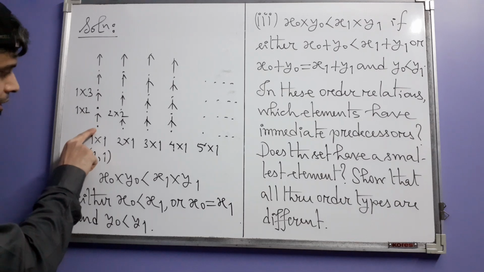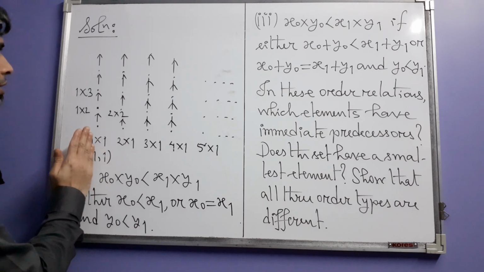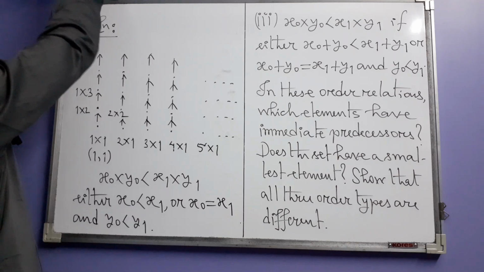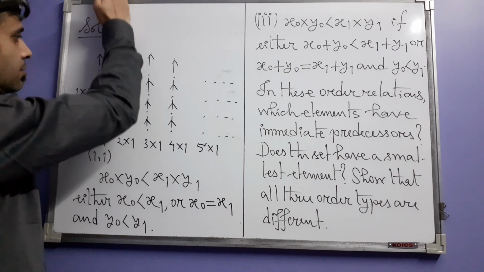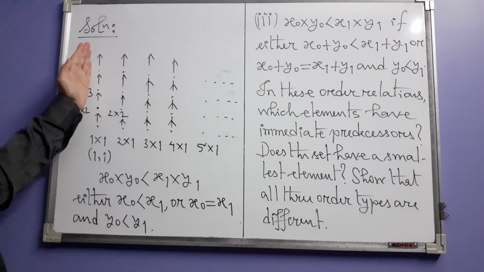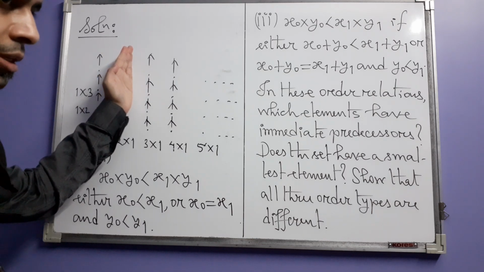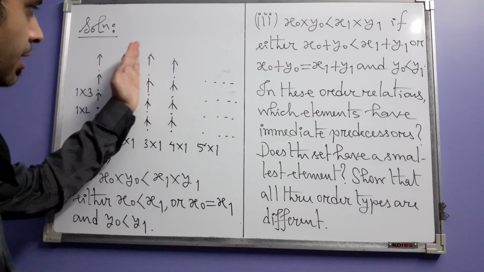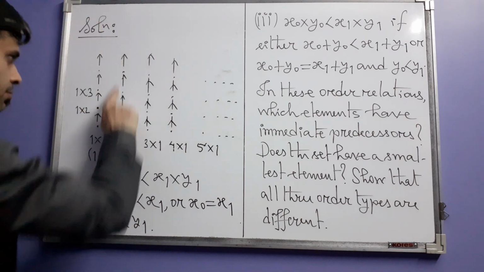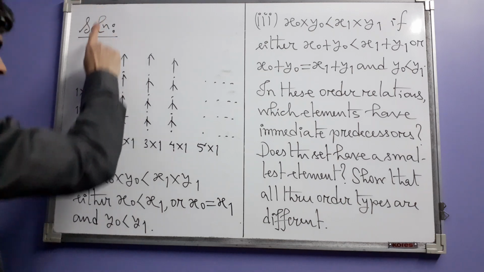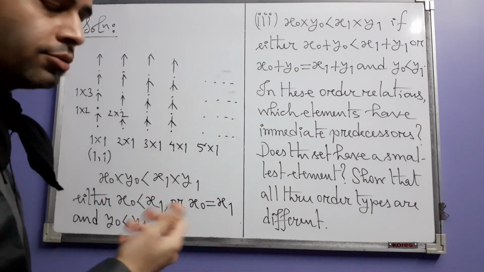You are starting at this point (1, 1) and things increase like this, and then you come to this point, and from there things increase like this, and anything which lies on this line is less than anything that lies on this line, which in turn is less than anything that lies on this line. So the order goes like this. Okay, first like this, then this, then this, then this, like that it goes.